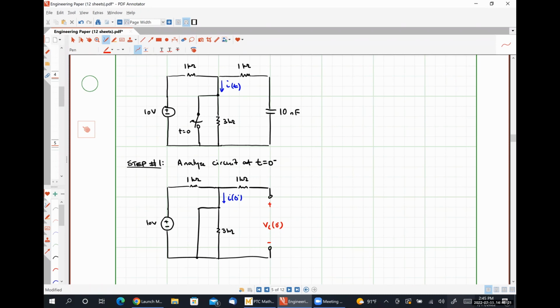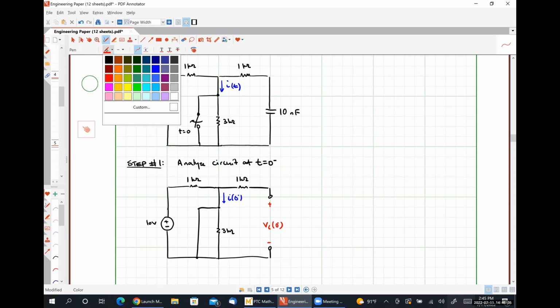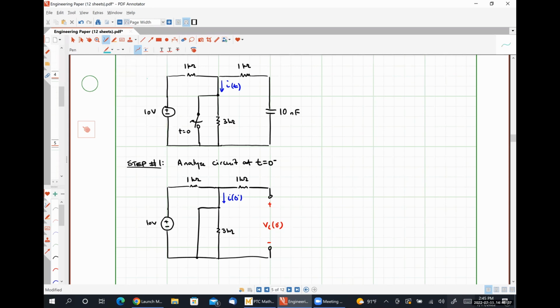So Devarier has suggested that the current at 0 minus is equal to 0. I disagree, so let me explain why. Let's assume here that the 10-volt source is supplying some amount of current. It's going to flow through the 1 kilo ohm resistor, and then it's going to see this node in the top middle.